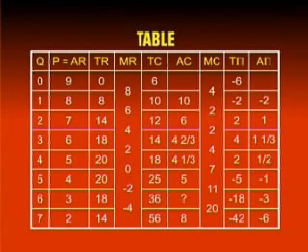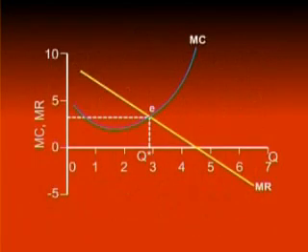Now, if you plot some of this information on a graph, in fact, if you just take the marginal cost and marginal revenue figures and draw them on a graph, you will get the graph shown. The marginal cost curve, as you can see, and consistent with what we have studied, first falls and then rises.